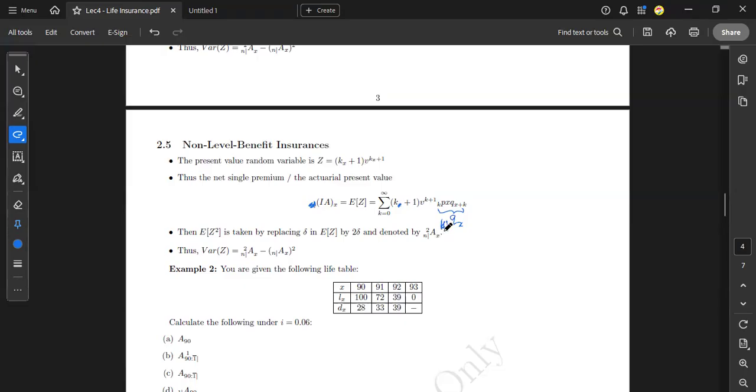So that is the same equation. We just introduced the term in brackets as a multiplicative factor for this one.